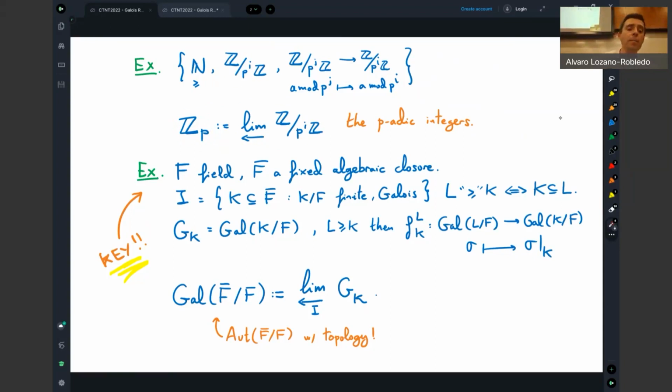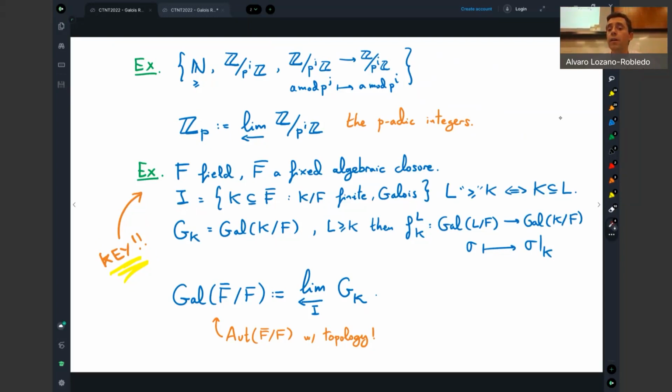Now, our key example of a profinite group is infinite Galois groups. If you have any field F and F bar is a fixed algebraic closure, or you can replace F bar by an infinite extension of F, then the indexing set is going to be intermediary extensions K over F that are finite and Galois.